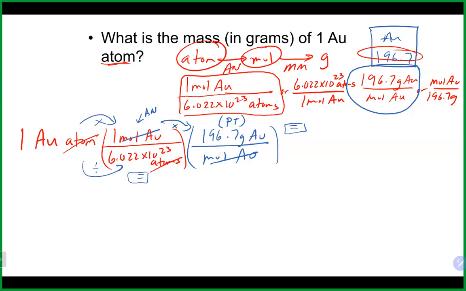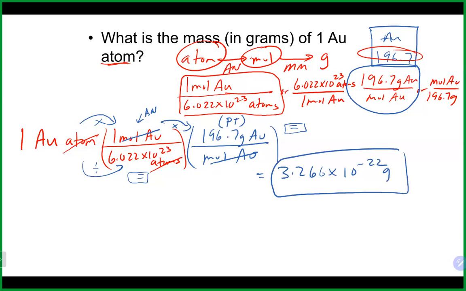This is basically going to be 196.7 divided by Avogadro's number, making sure to use your exponent button. And you are going to get 3.266 times 10 to the minus 22 grams in this particular case, if I got the right number there.